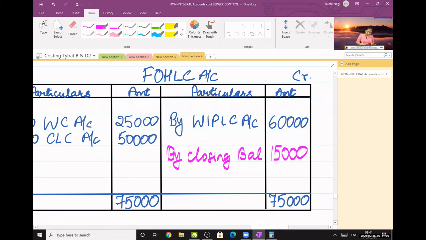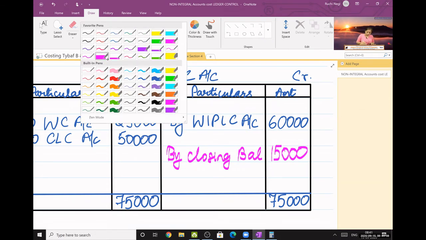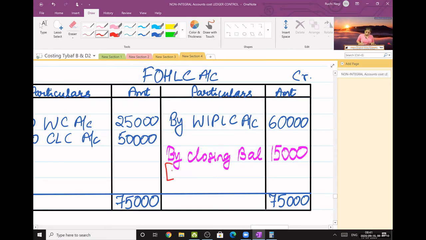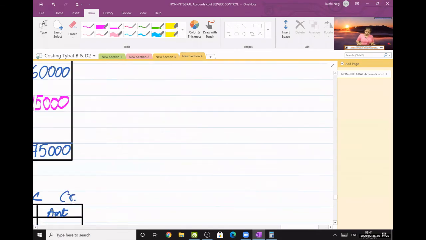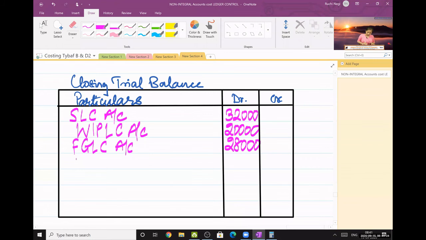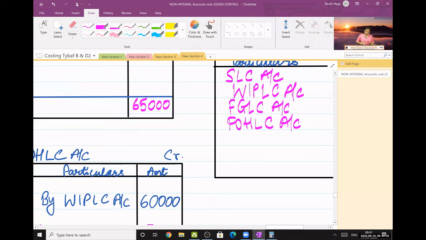Closing balance. What is the reason? The reason is that we are treating it as a non-period cost. Okay? Yeah. So second effect will be seen in closing trial balance. Yeah. Factory overheads ledger control account 15,000. Okay.